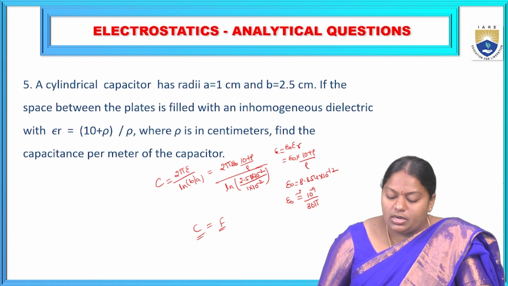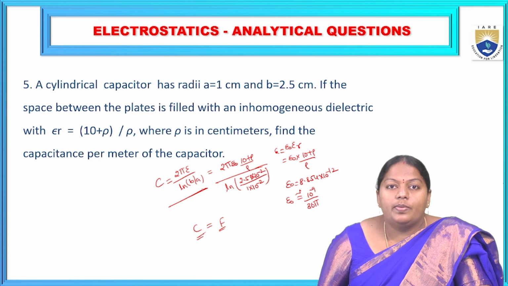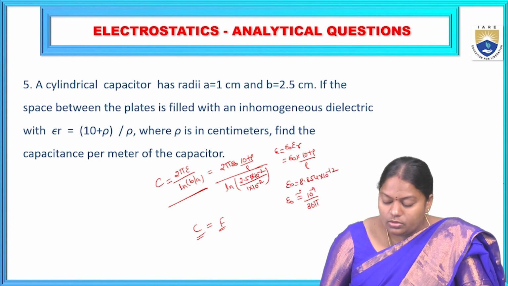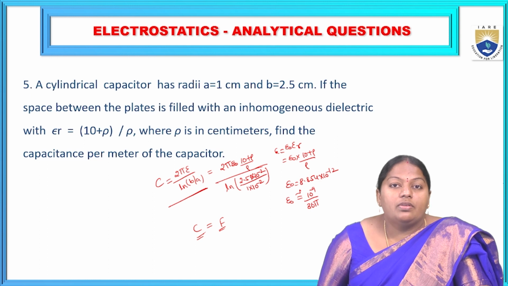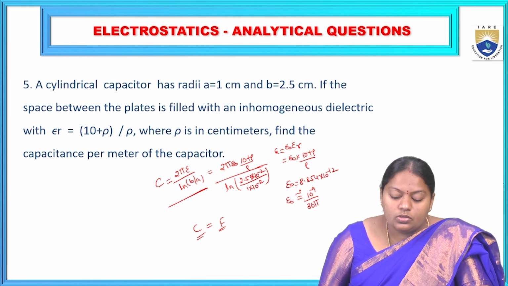In the formula itself, we have C equal to 2 pi epsilon by ln of b by a. As we know, epsilon, the permittivity of the material, is the product of free space permittivity and relative permittivity. So finally, the capacitance value obtained is measured in farads.